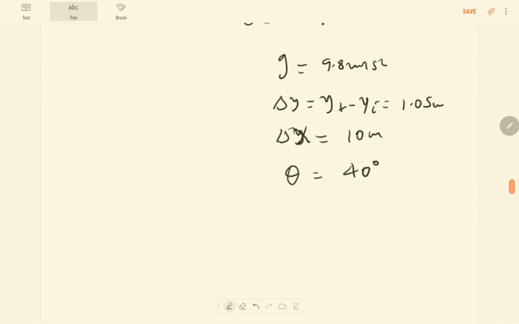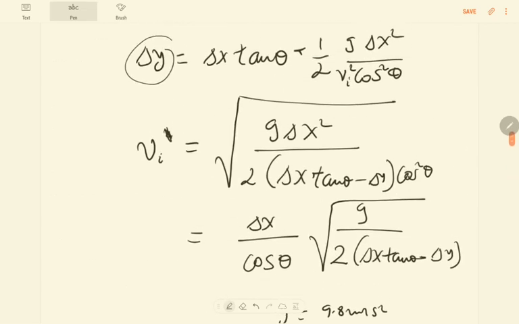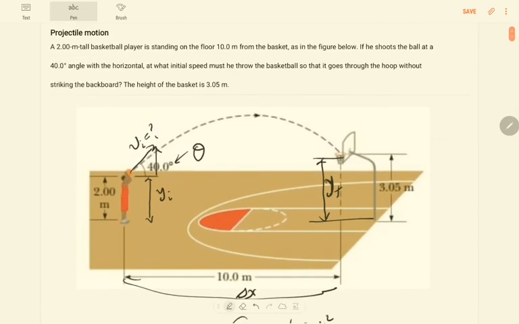If you give it to a scientific calculator, according to my calculation I get 10.7 meters per second. So a player should throw with this speed so that the ball will just make it through the basket, and that's enough.